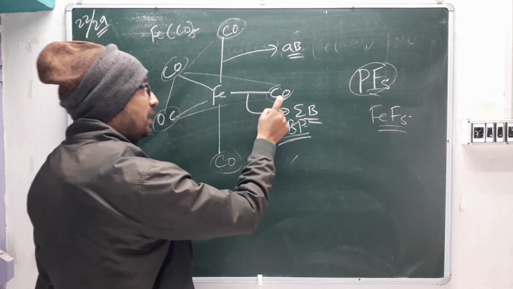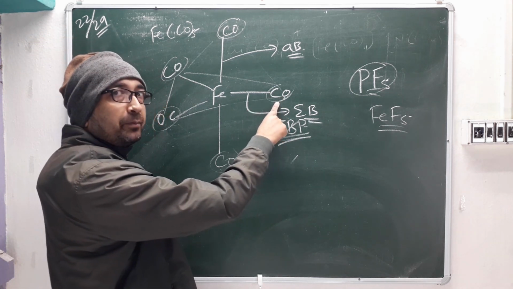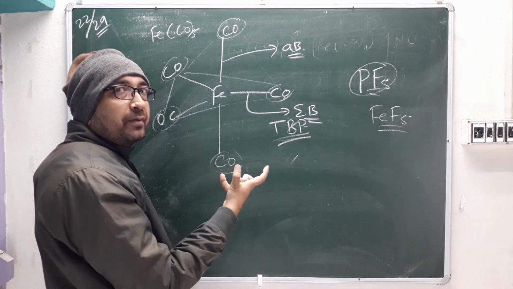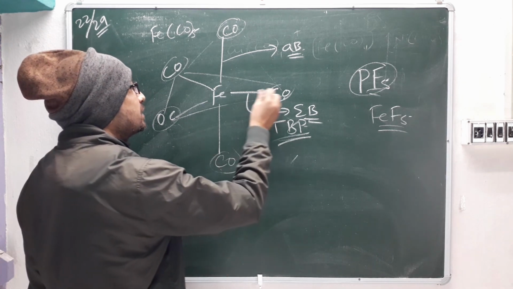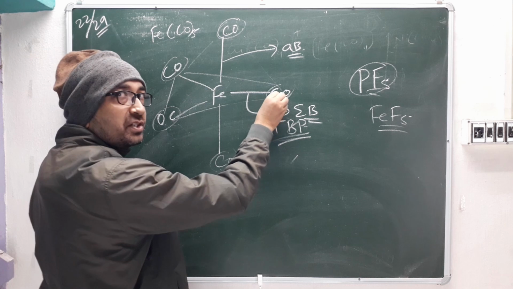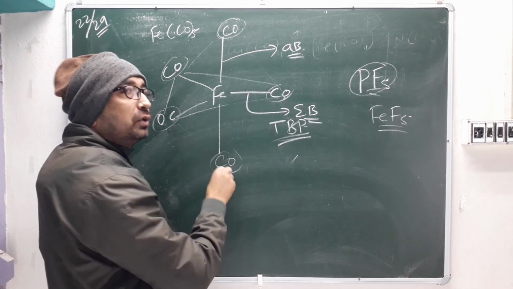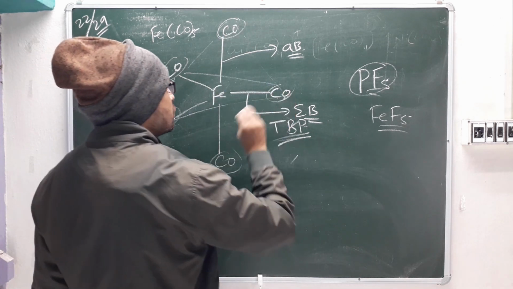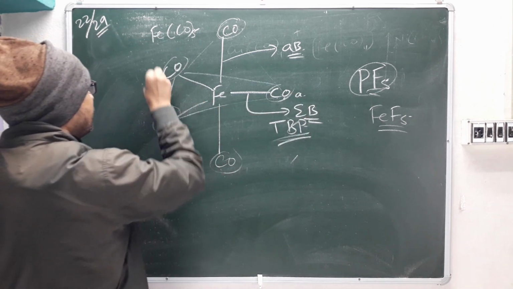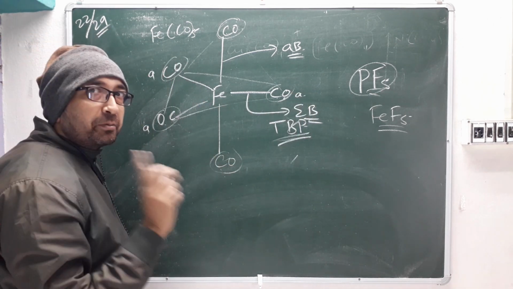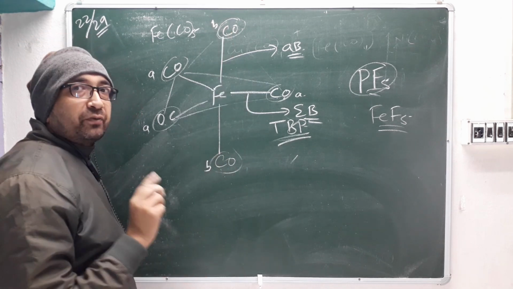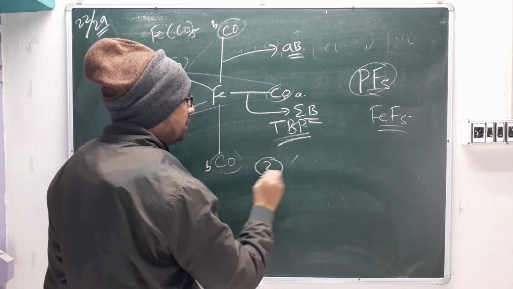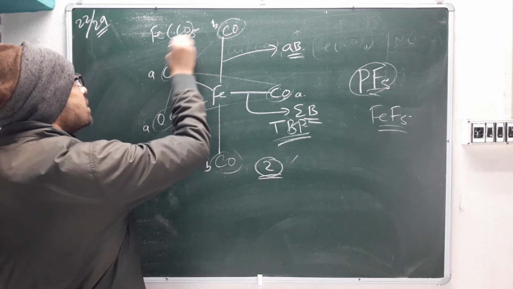So in carbonyl, the molecule is heavier and the fluxional behavior is absent at room temperature, right? If it is absent, then these three will show one type of stretching frequency, and these two will show another type. Suppose this is A type, all three will give A type, and these B and B will give another type. Total 2 stretching frequencies will be available in this type of molecule.